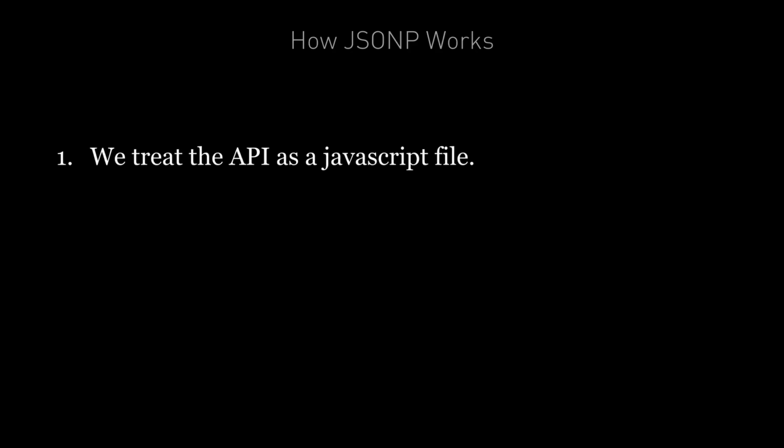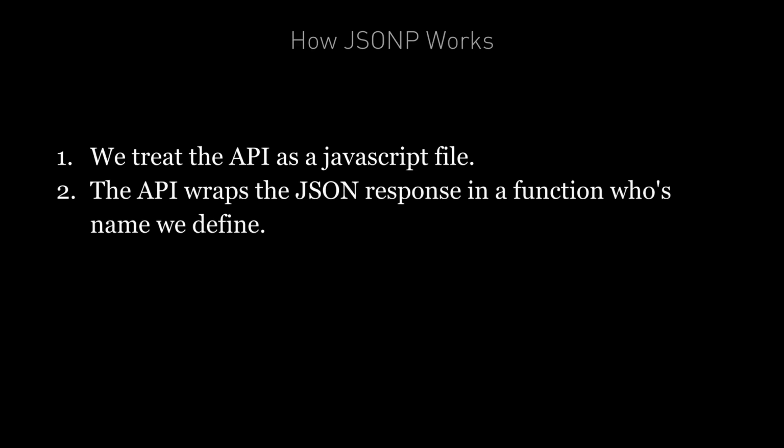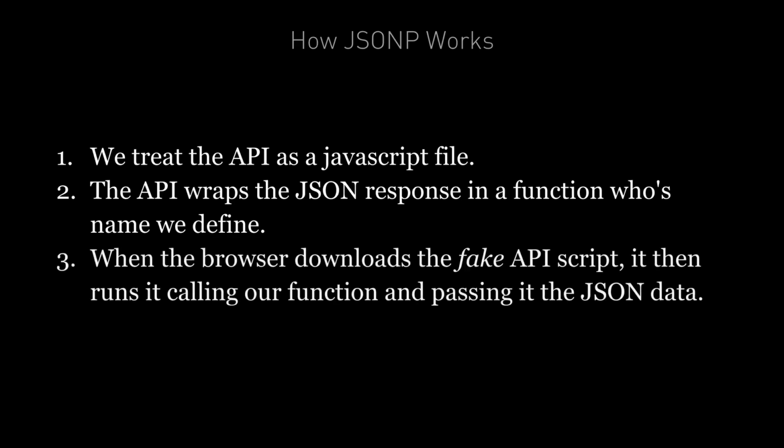So that's JSONP in a nutshell. We treat the API as a JavaScript file. The API then wraps the JSON response in a function whose name we define. And then when the browser downloads the fake API script, it runs it, and it calls the function, passing it the JSON data.